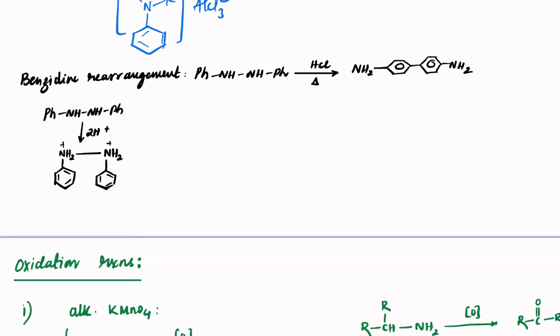Now on heating, this bond will break to convert into double bond. That will push to make a double bond, and this pi bond will push to make an attack on this benzene ring. That will push it to double bond, and that will push into double bond here.